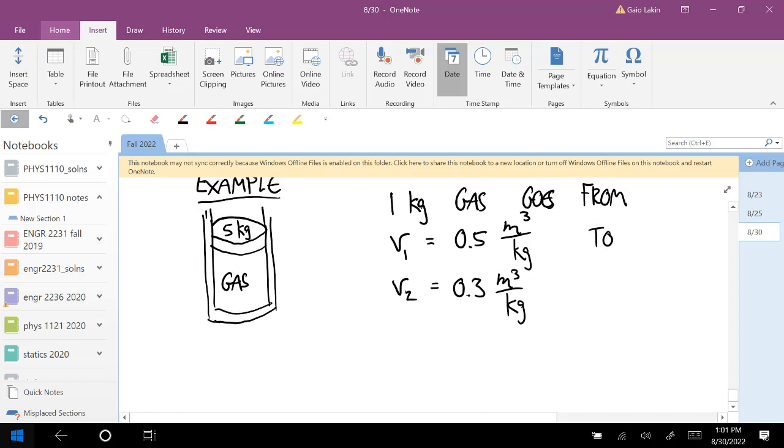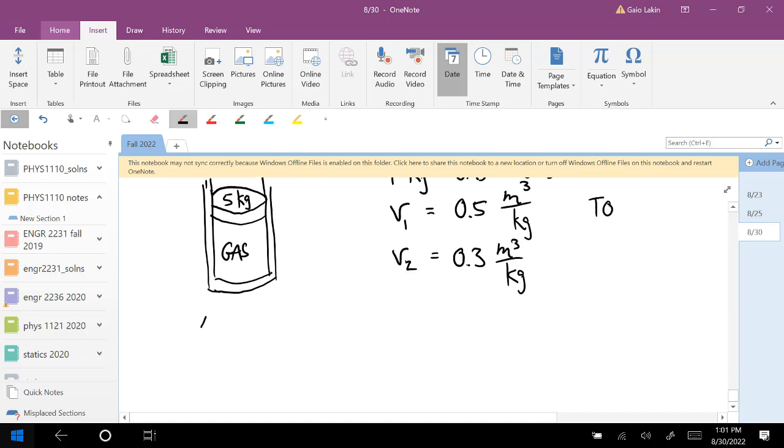And let's say that the area of the top or the bottom of that piston is 0.02 meters squared.